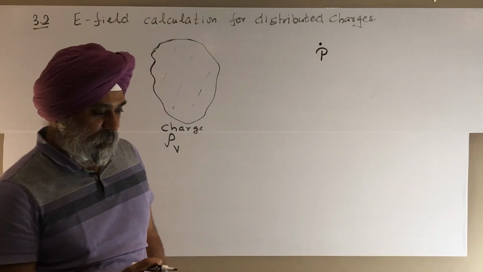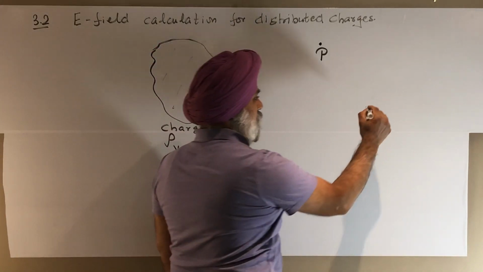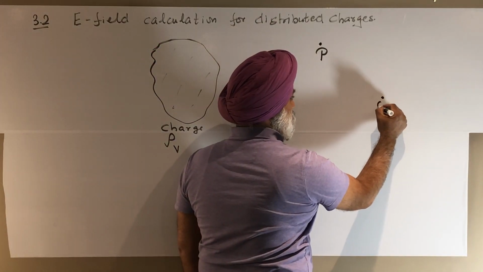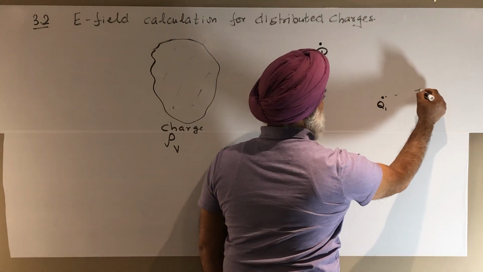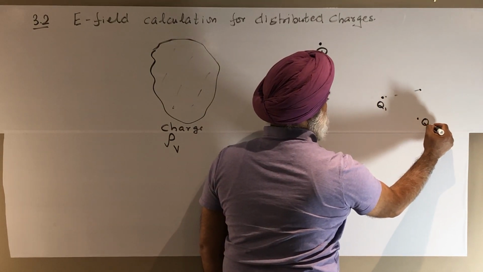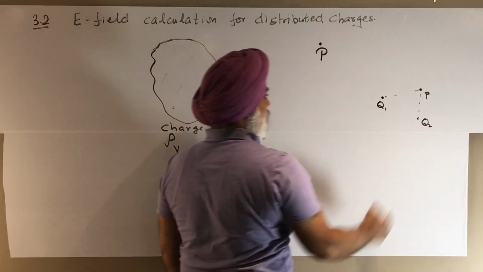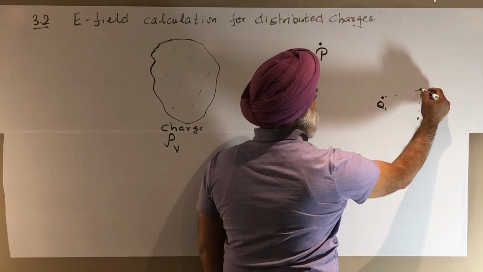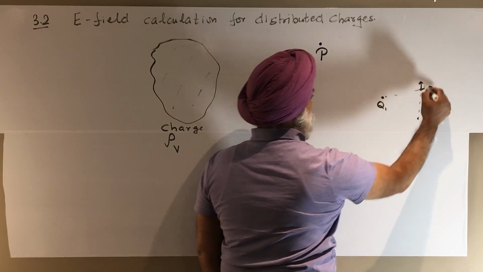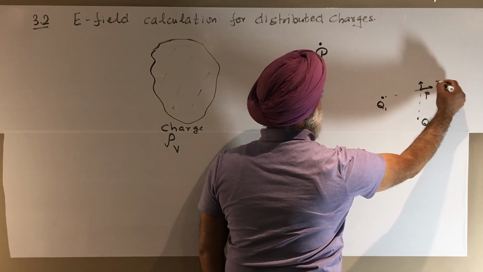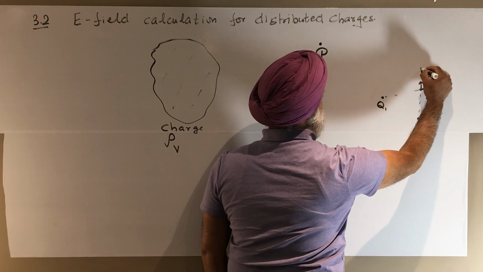If I asked you the question, there is charge Q1 present here, there's charge Q2 present here, tell me what the electric field at this point P will be, you would have just told me, let's just draw. There is electric field due to 1, there is electric field due to 2.